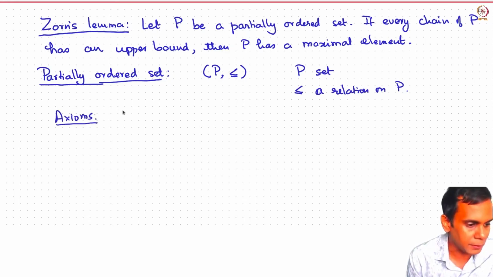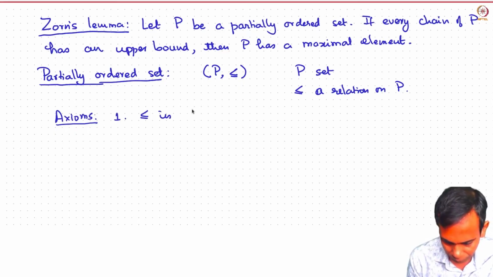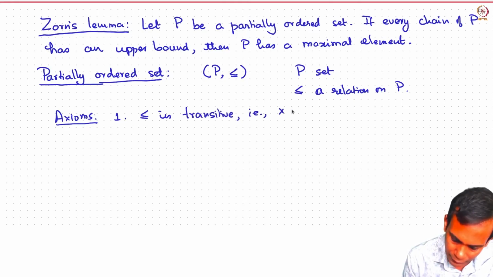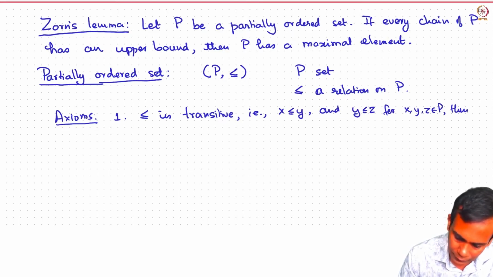The first axiom is the axiom of transitivity, which means that if x is less than or equal to y and y is less than or equal to z for x, y, z in P, then x is less than or equal to z.